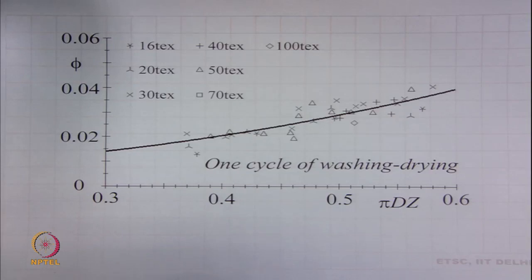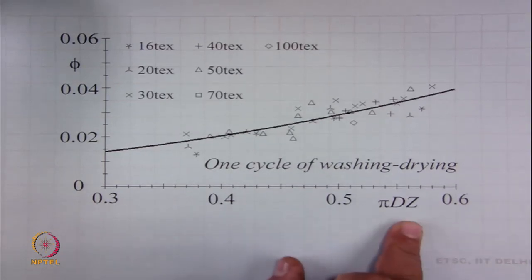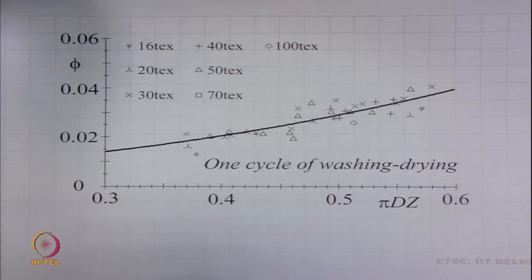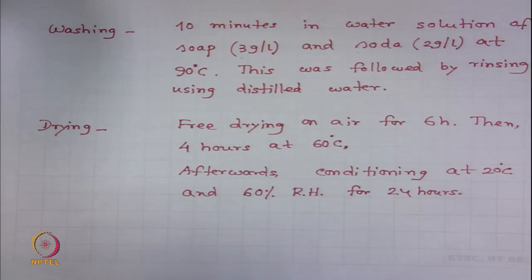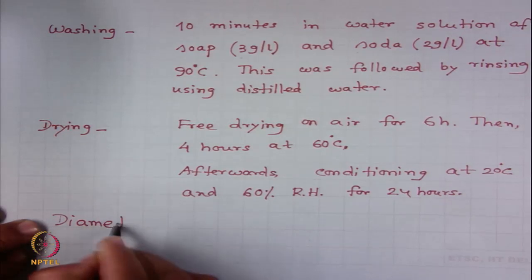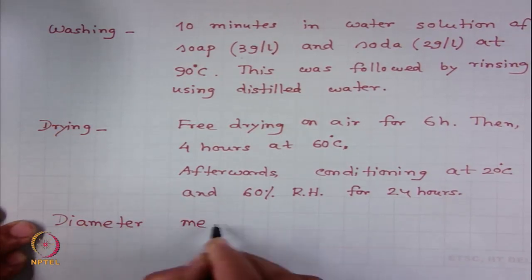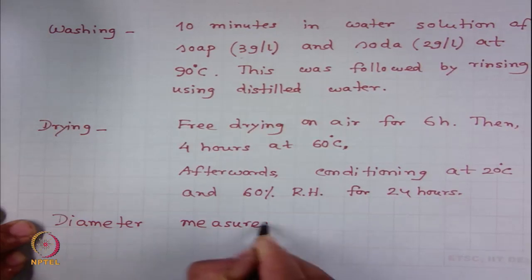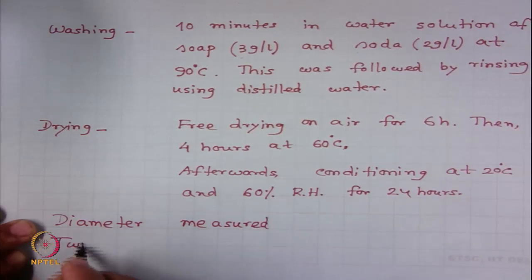we obtained the value of pi times d times z. So, how we measured diameter? Yarn diameter was also measured. Twist measured.